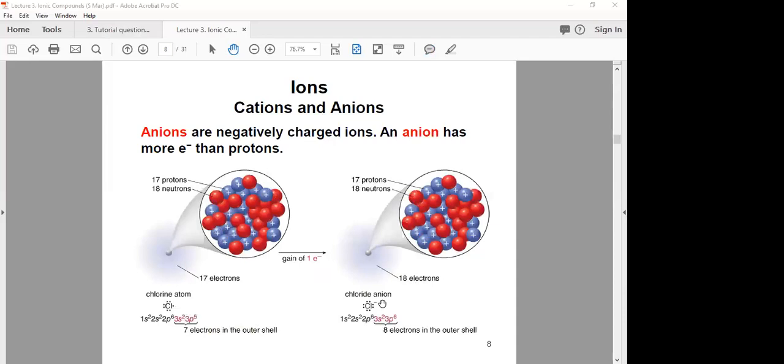So there's chlorine with a single negative charge, and now you can see it's surrounded by 8 electrons rather than 7. Here we have 8 electrons in the third shell, so the S and the P subshells are filled. And this is the most stable configuration for chlorine.